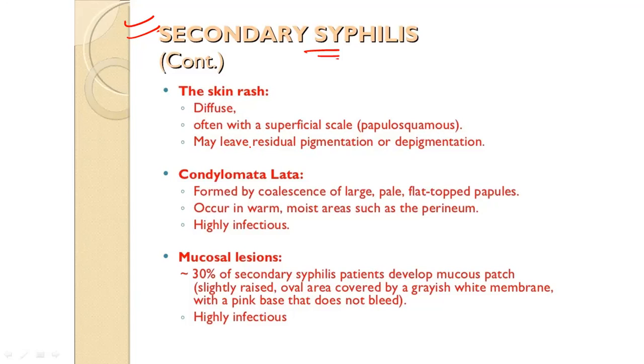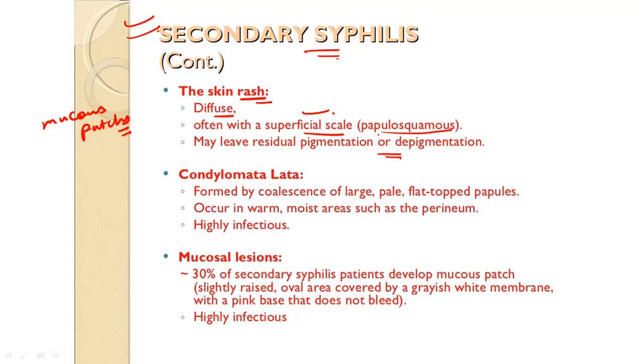In secondary syphilis there are more mucous patches and a diffuse skin rash, often with superficial scale. This is called papulosquamous. The superficial scale may leave residual pigmentation or depigmentation.